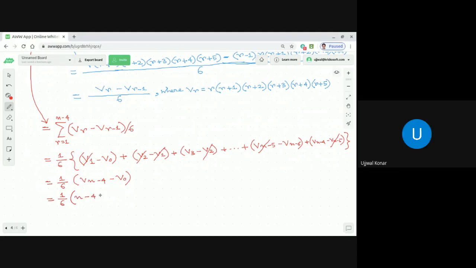By the way, V0 is 0, because r equal to 0 gives 0. So it is becoming 1 by 6 into n minus 4 into n minus 3 into n minus 2 into n minus 1 into n plus 1, and that is the required sum.